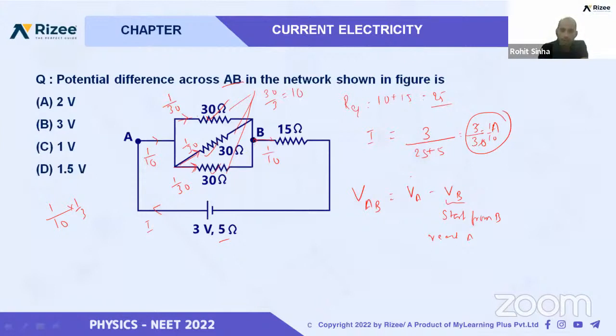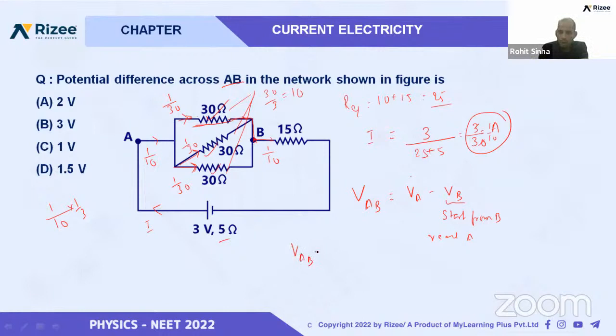Now, if you start from B, you see here we are moving like this. One resistance came, and we are in the opposite direction of current. You see, current is flowing through here, and we are moving in the opposite direction of current. What will we write?